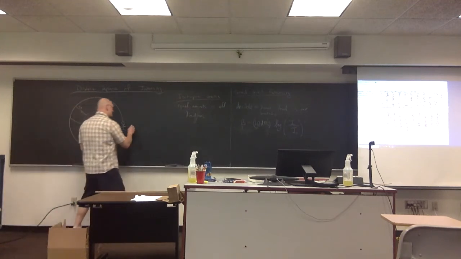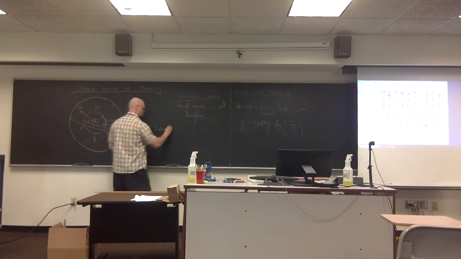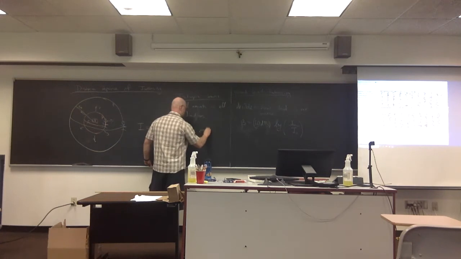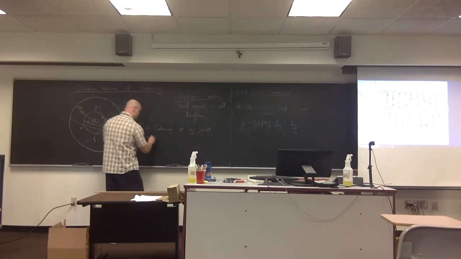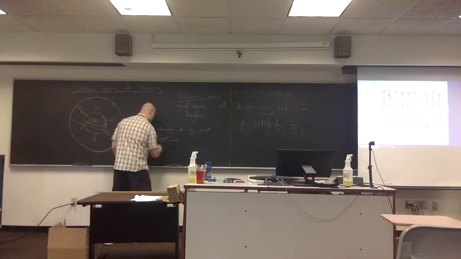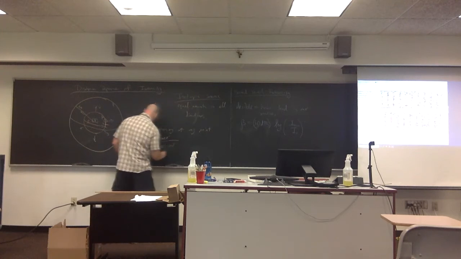So from here what we can then say is that my intensity at any point is equal then to the power, which is radiated by the source, divided by the cross-sectional area, or the surface area, I should say, divided by the surface area of the sphere.